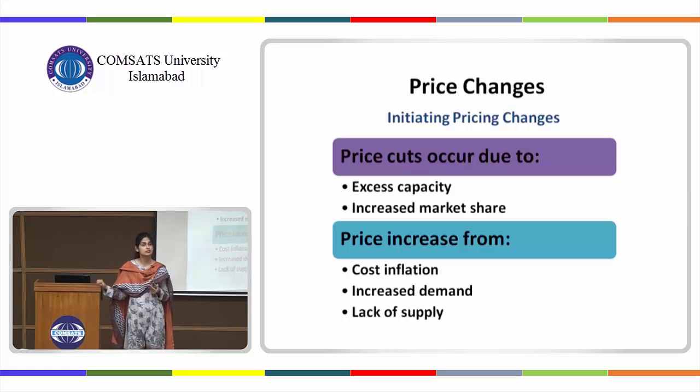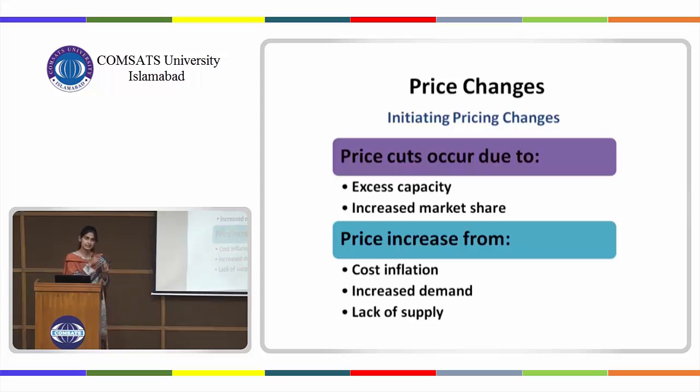On the other hand, there could be demand pull. There's a lot of demand for your product, and you cannot meet that demand. How would you cater to that? You would increase the price of the product. When the product price increases, demand decreases. So that's one way of managing your demand.